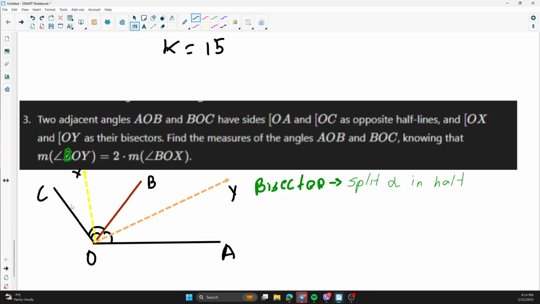Find the measure of the angles AOB and BOC, knowing that the measure of BOY equals 2 times BOX. What do you want to do?